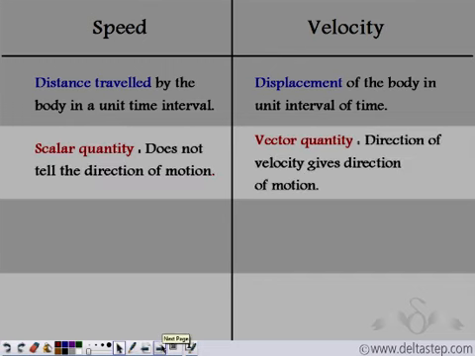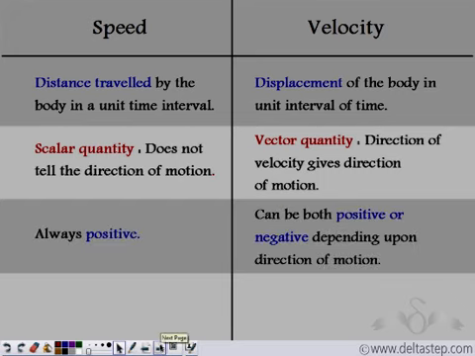Speed is a scalar quantity. It does not require direction, whereas velocity is a vector quantity. It requires direction for its complete description. Speed is always positive, whereas velocity could be positive or negative depending upon the direction of motion.